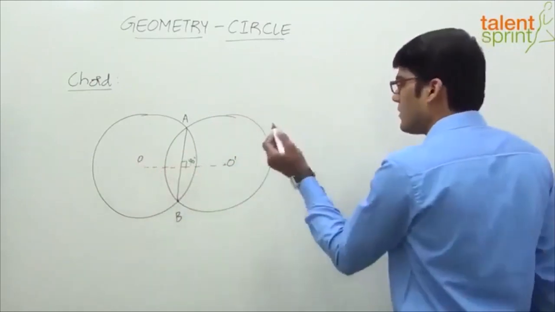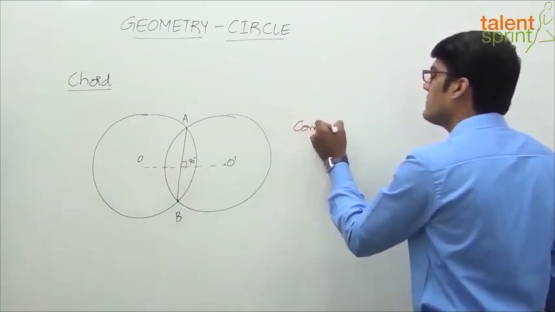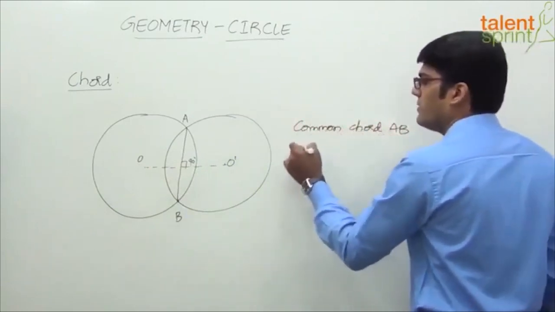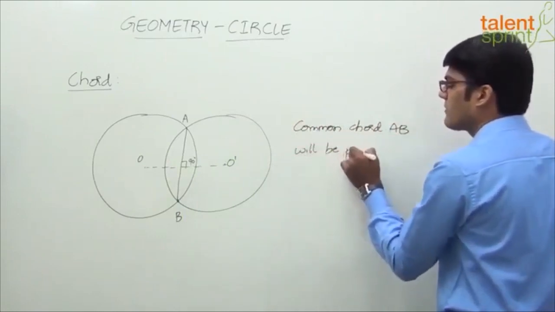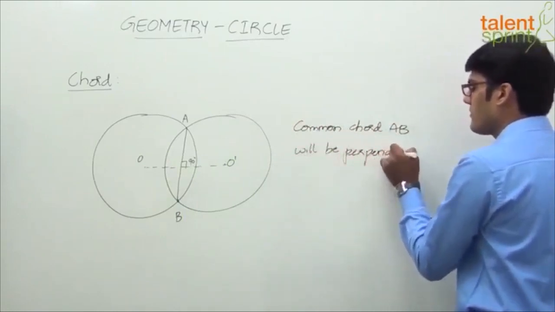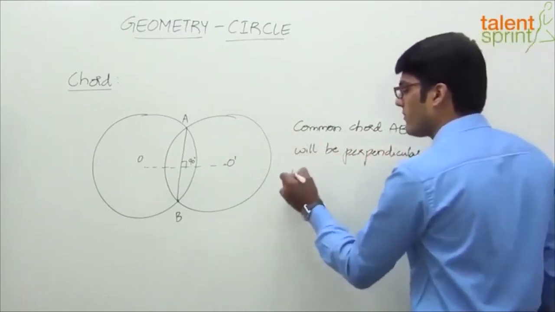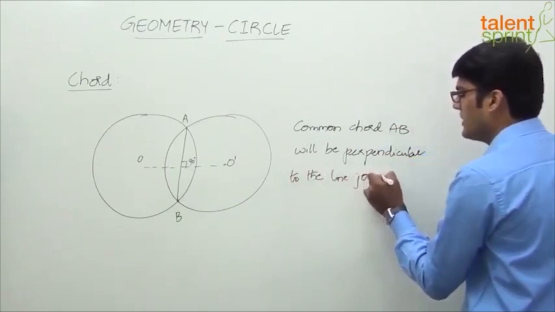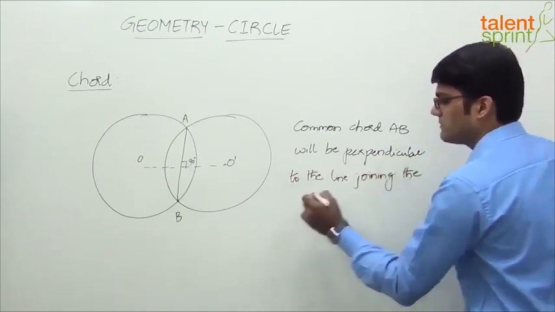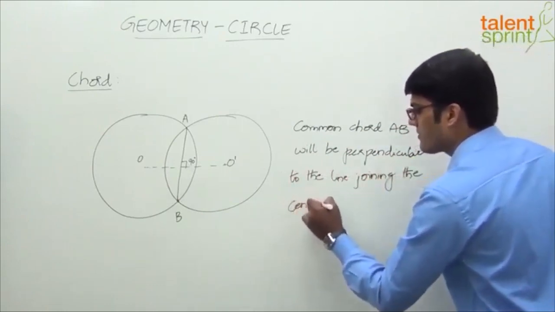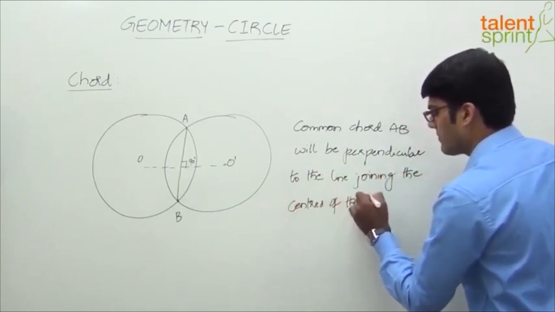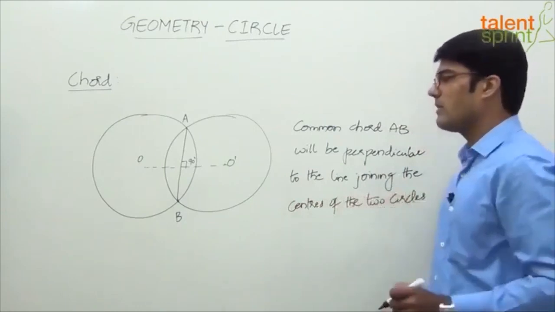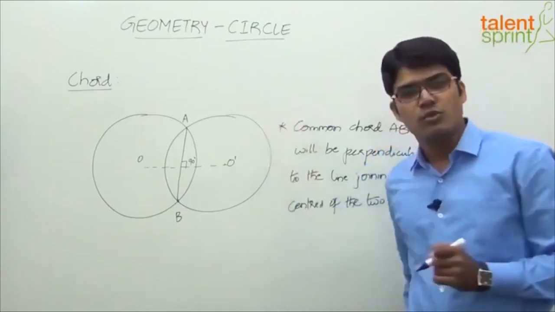So in such a case, the common chord AB will be perpendicular to the line joining the centers. Alright, so that's the fourth point about chords.